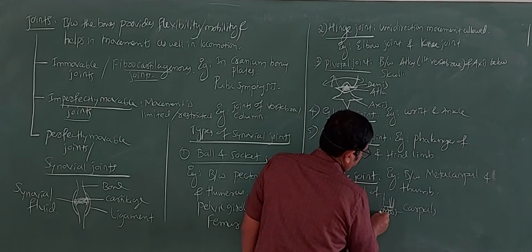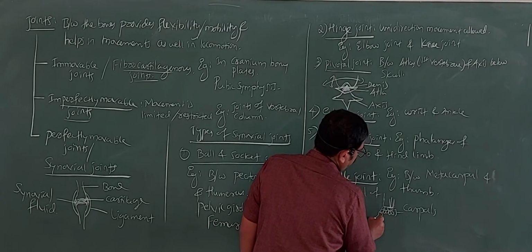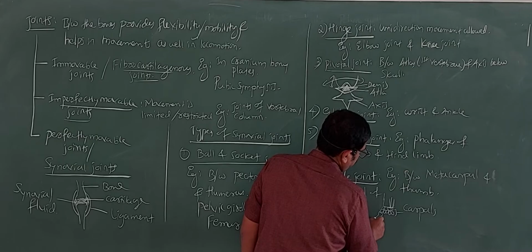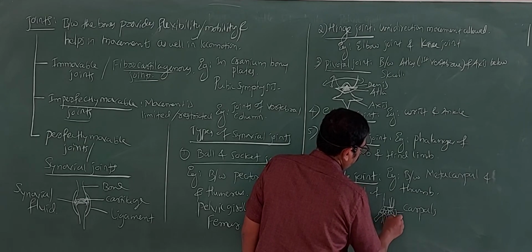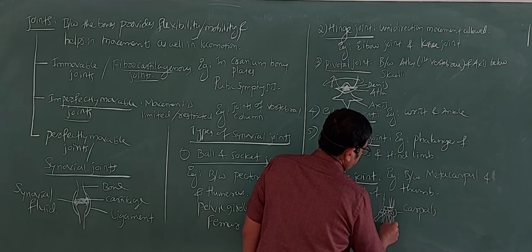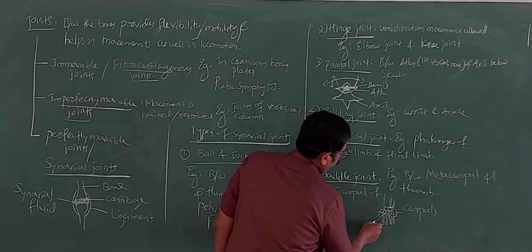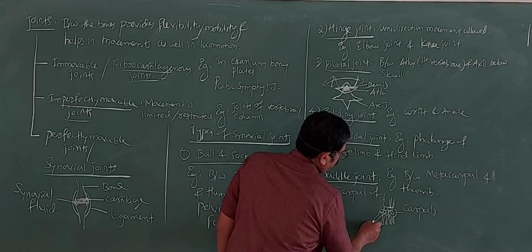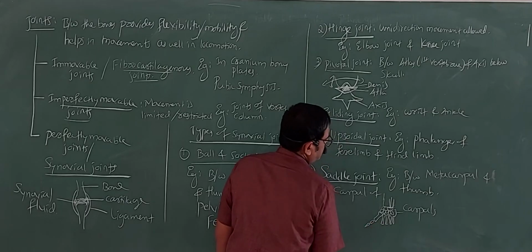Then here comes mainly a joint of the thumb bone. These are the bones of the palm. This is the joint where the thumb is located, and the thumb has 2 bony structures.